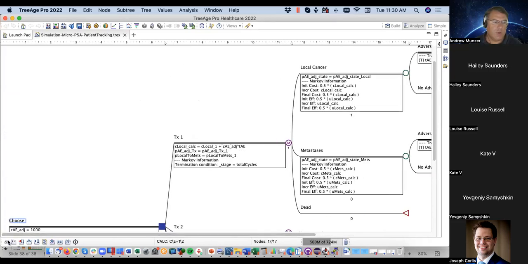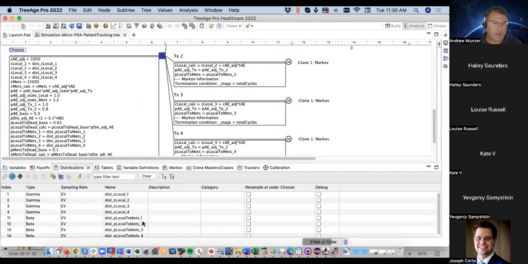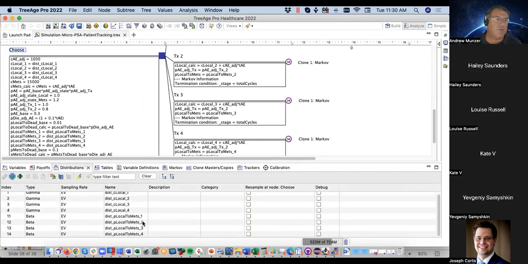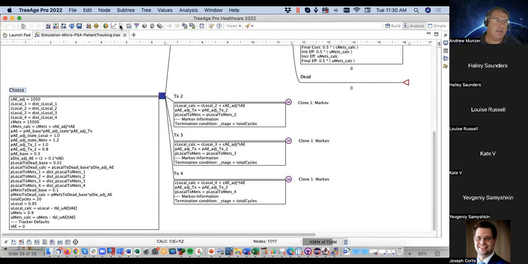And also there's a distribution here. Actually, there is no distribution in this particular one related to patient variability or heterogeneity, but that's okay.